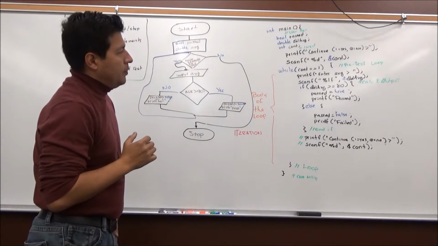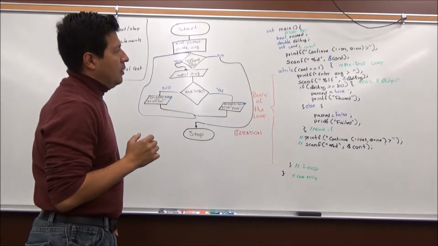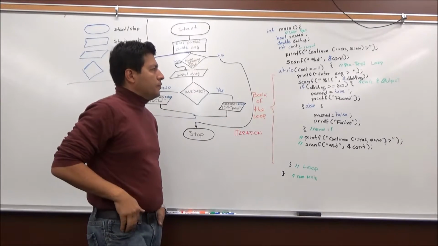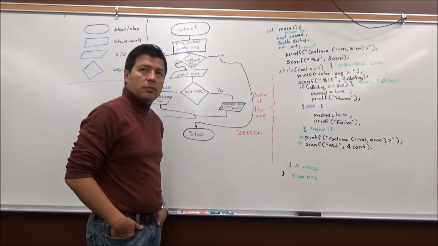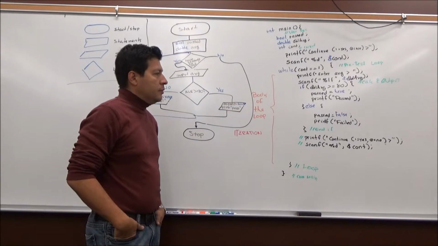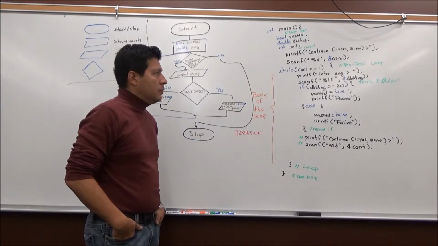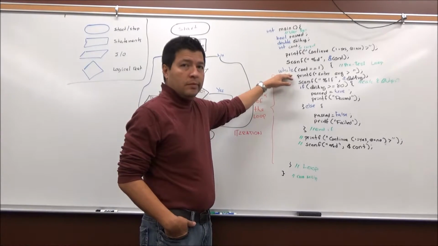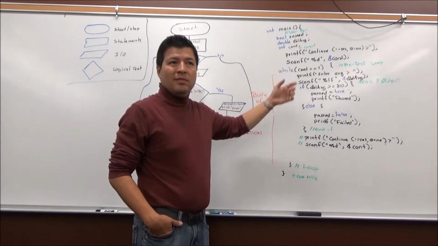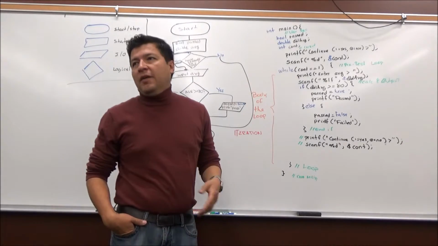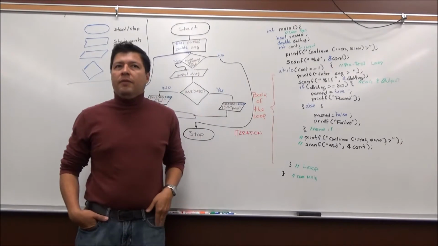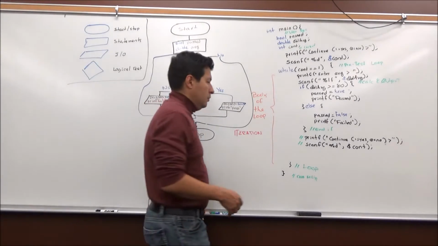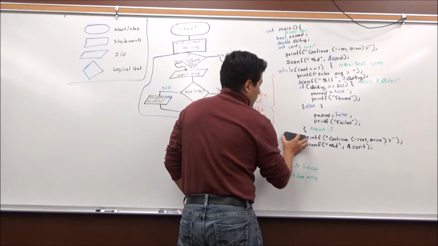So there's no difference here with the rest of the code except the word while. It used to be if. So basically it's the if statement being redone every single time.